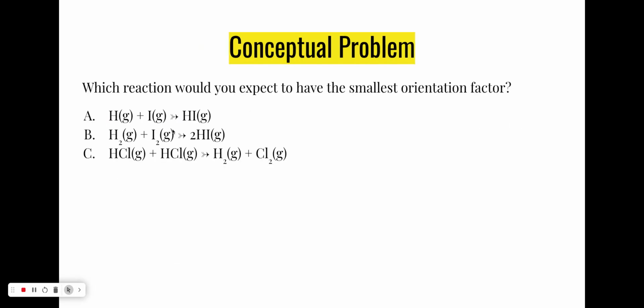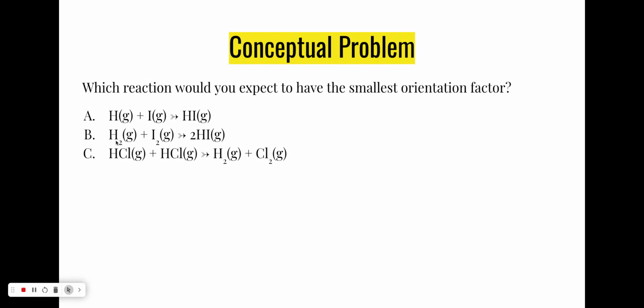In here, though, we're not going to get into a complex mechanism like glycolysis. Instead, we're going to look at just regular mechanisms that you would see in chemistry. So with that said, which reaction would you expect to have the smallest orientation factor? Now, we have to look here. In A, we have single atoms reacting together.